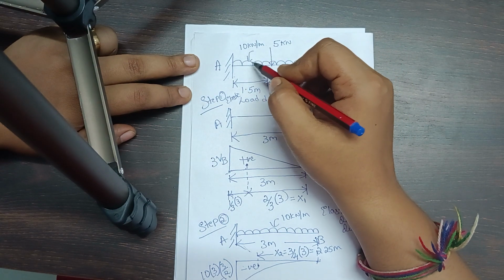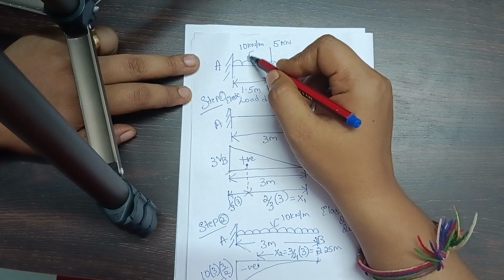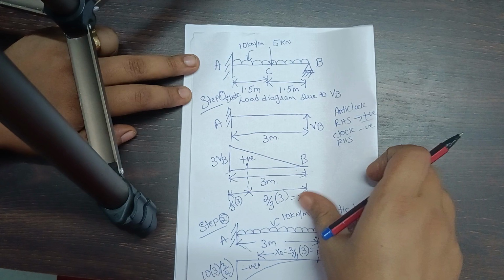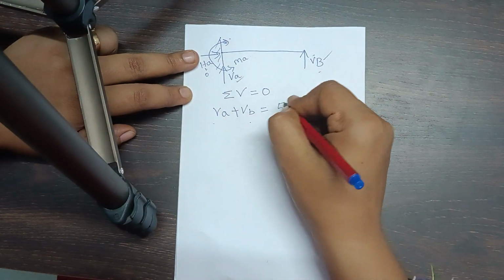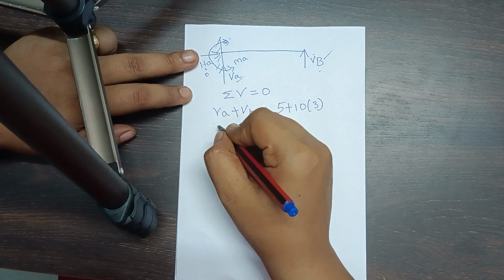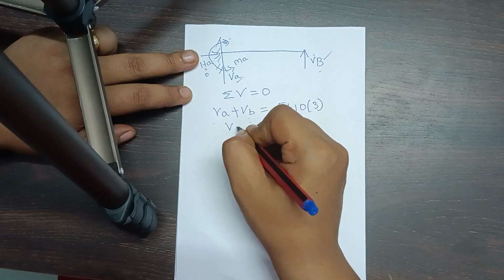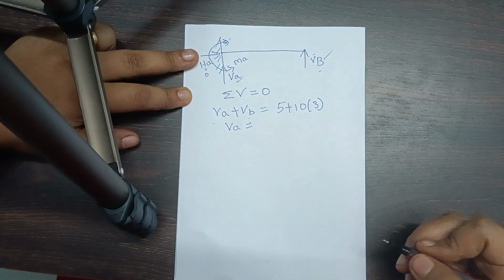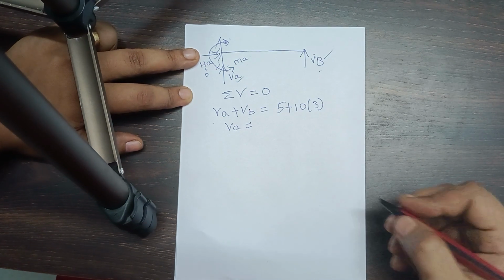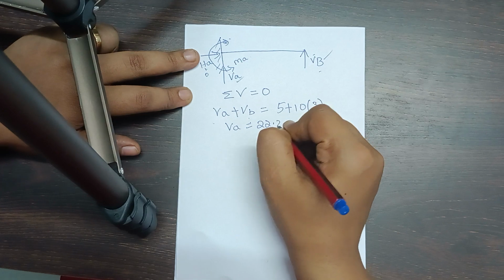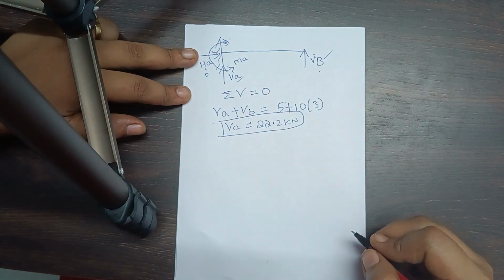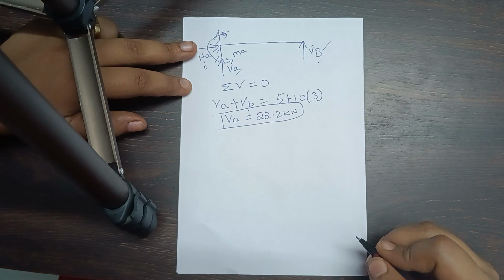Convert the 10 into a point load: 10 into the total distance acting here, 3 meters. So 5 plus 10 into 3 will be the total value. You know the value of VB, so substitute and get the value of VA. VA will be equal to 22.2 kilonewton, and VB is equal to 12.8 kilonewton.